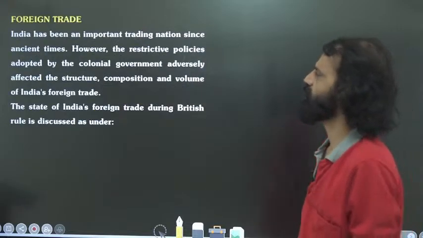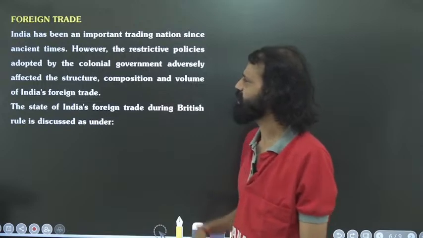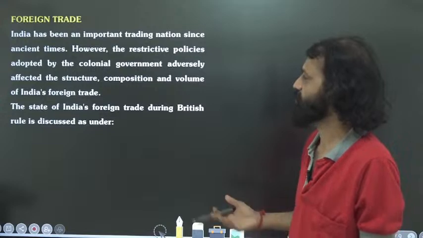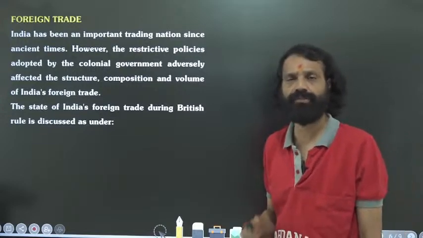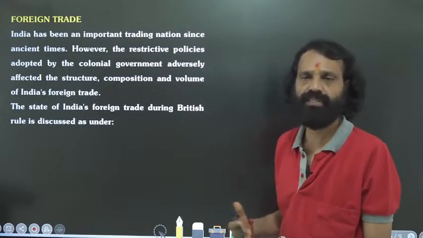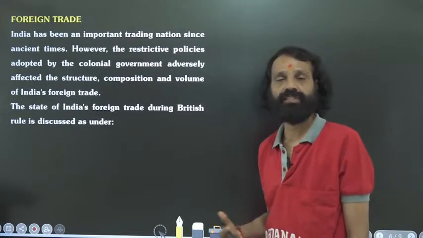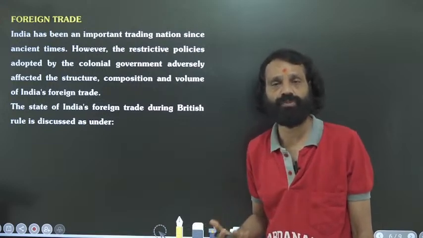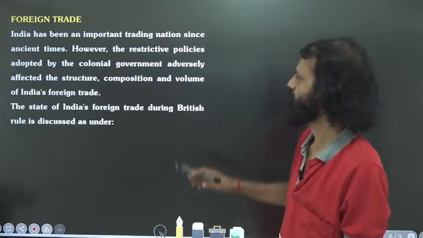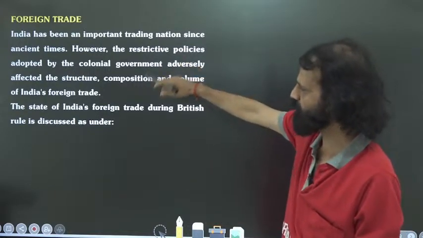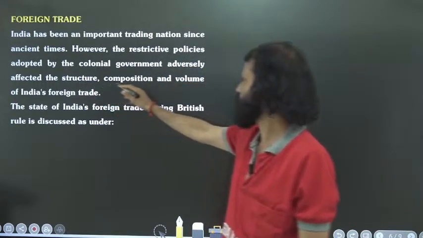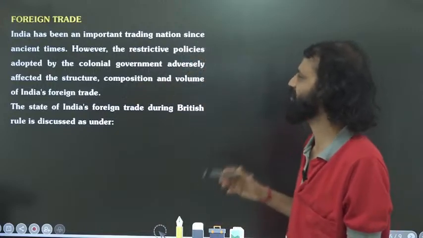Now foreign trade, what happened in foreign trade? India has been an important trading nation since ancient times. From ancient times onwards, India was doing business with many countries, the Arabian countries, China, Ceylon, and some European countries also. However, the restrictive policy adopted by the colonial government adversely affected the structure, composition and volume of India's foreign trade.